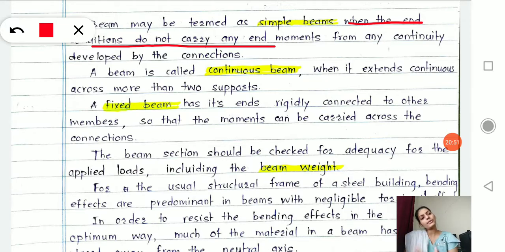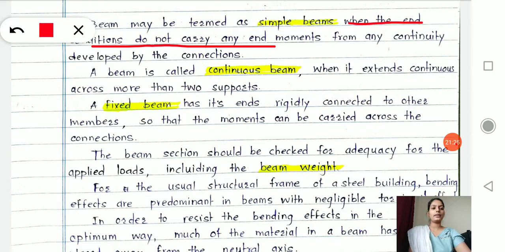Why? Because we allow it to rotate. We haven't fixed the rotation, we haven't restrained it, therefore it is free to rotate, and so there is no end moment. Even if there is continuity from connections, if there is no development of moment at the ends, then that kind of beam is called a simply supported beam.